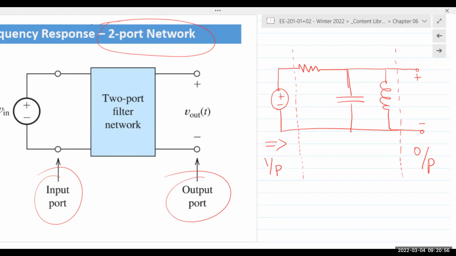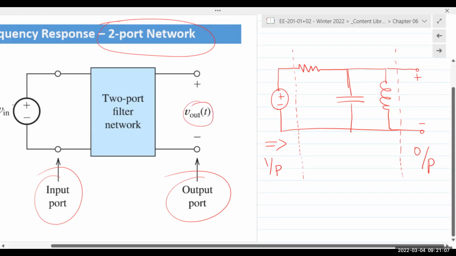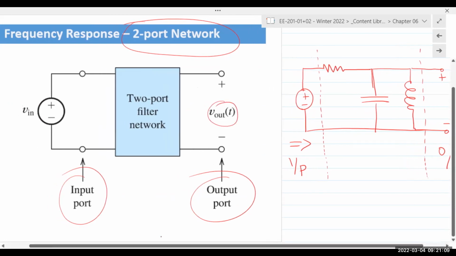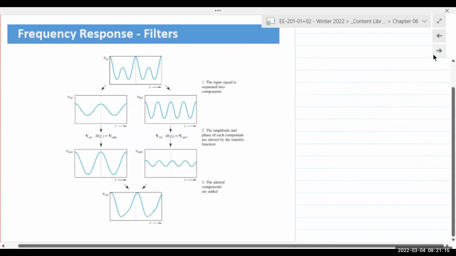A filter is going to block most of those and only allow a certain category of signals to pass through. We want to know how the output is going to change with respect to the input.